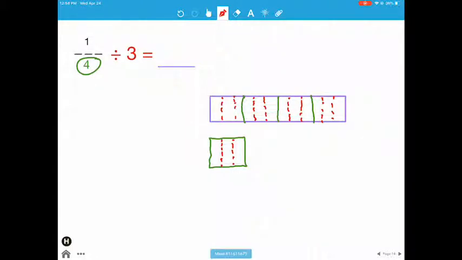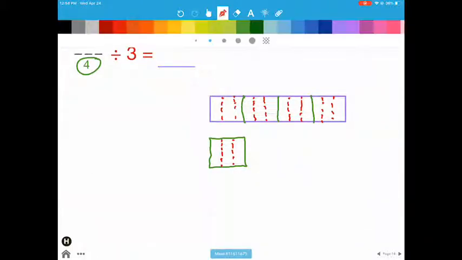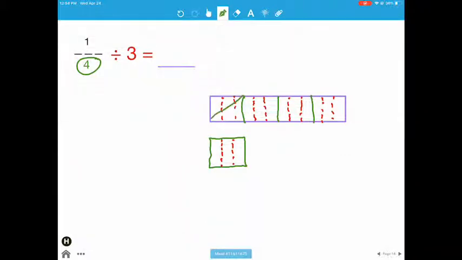Okay, so we are dividing it. We're only looking at this section here, the 1/4. And of that 1/4, we're going to divide it into 3. So we divide it into 3. And we get one section of that.